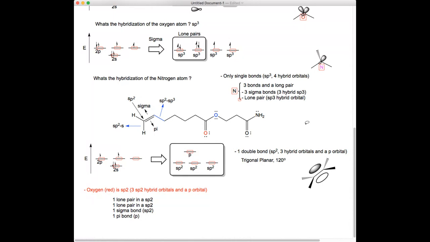Right, so here is a new piece of information. I'm gonna type it here on the screen, so everybody can write it. This is super important. Every atom with lone pairs next to an sp2 atom will also be sp2.